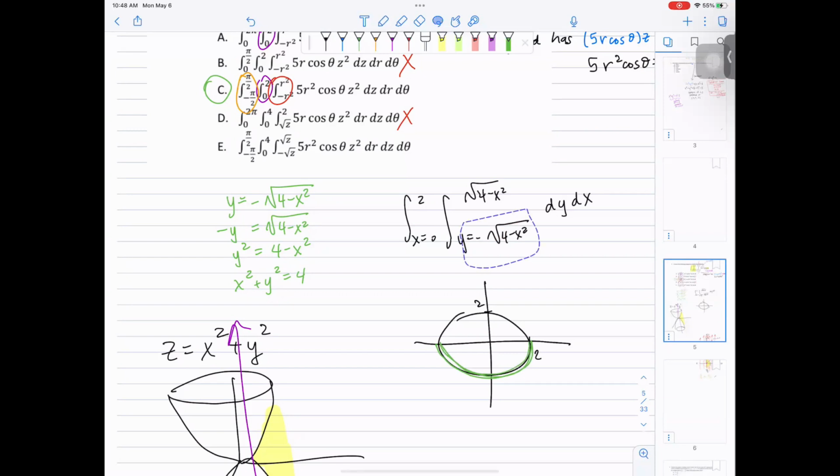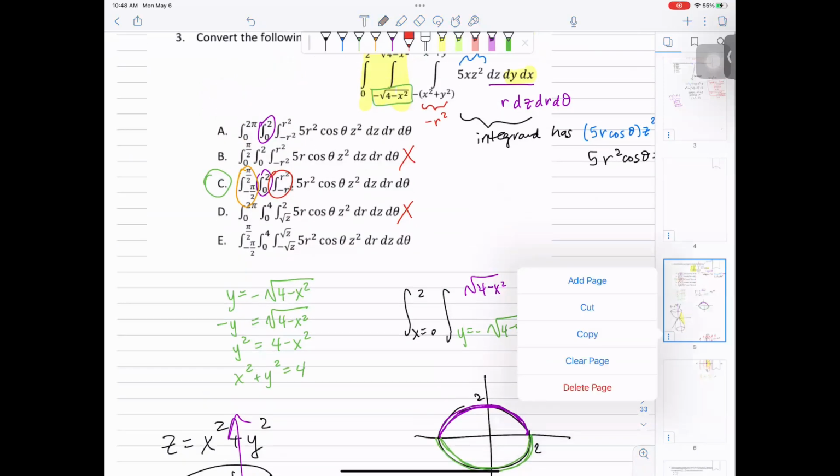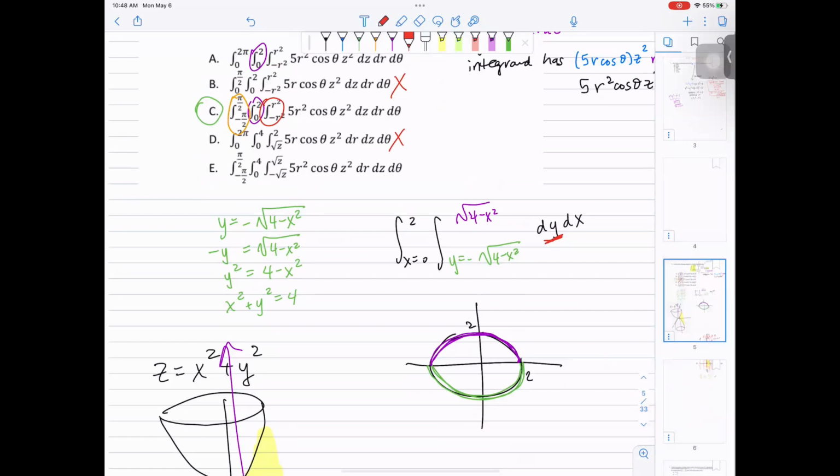And the upper bound is the upper part of the circle, because that's when we have y of positive values, and this is when we have y of negative values. How do these bounds exist? If I'm doing dy first, that means I draw a line in the increasing y direction, and it enters the green first, and it exits out the purple.